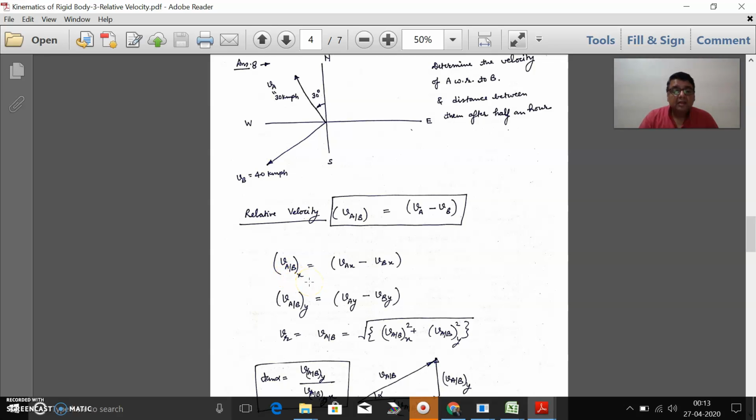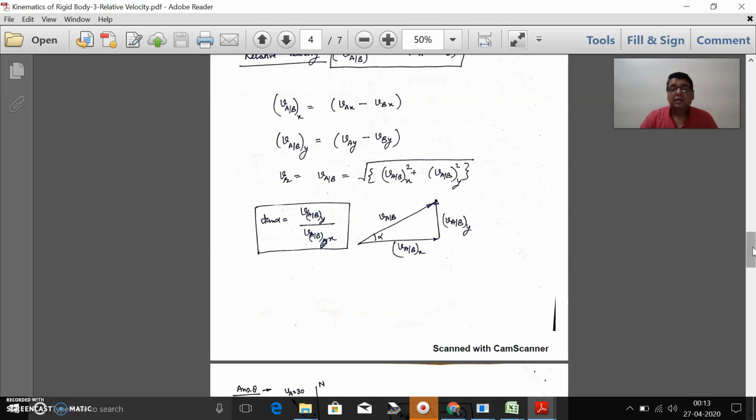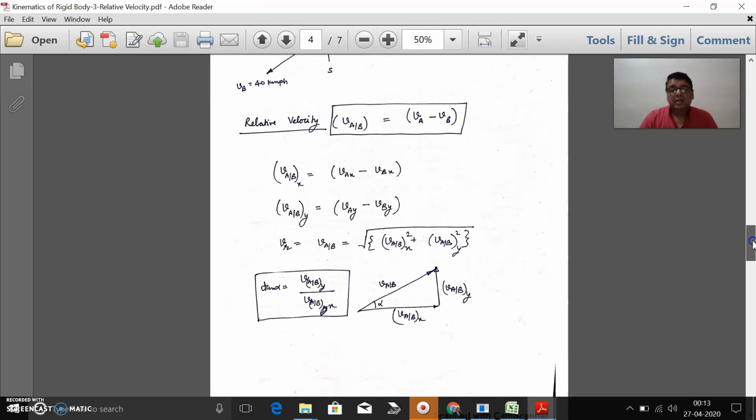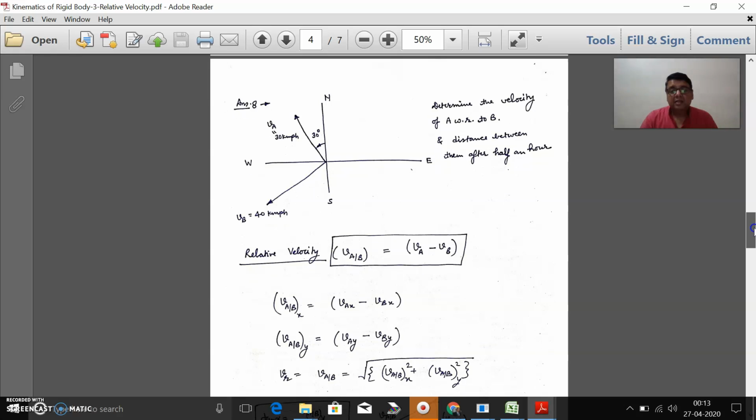So VAB x is equal to VAx minus VBx, and VAB y is equal to VAy minus VBy, and the relative velocity of A with respect to B is equal to the square root of the x component square plus the y component square. Same way tan alpha gives this angle. That's how we can easily solve it and get the answer.